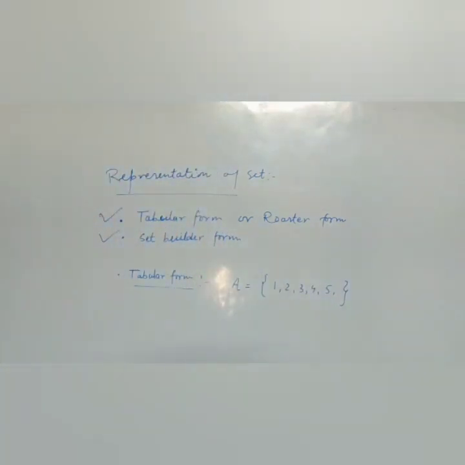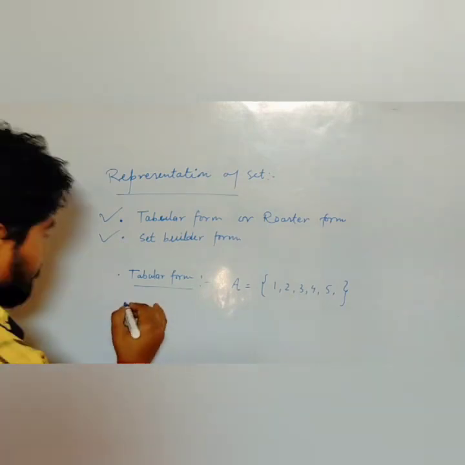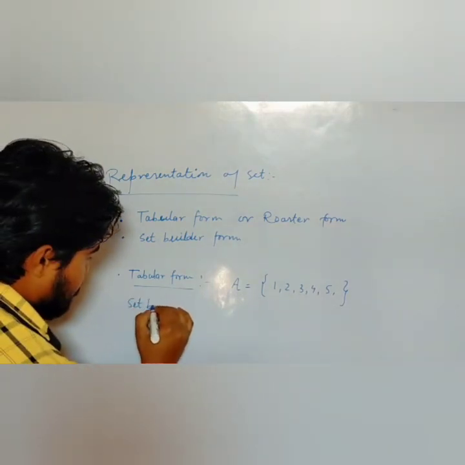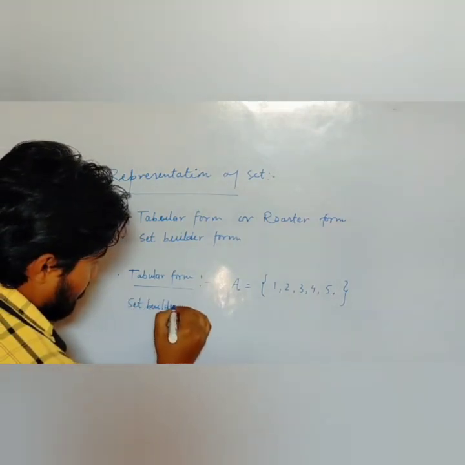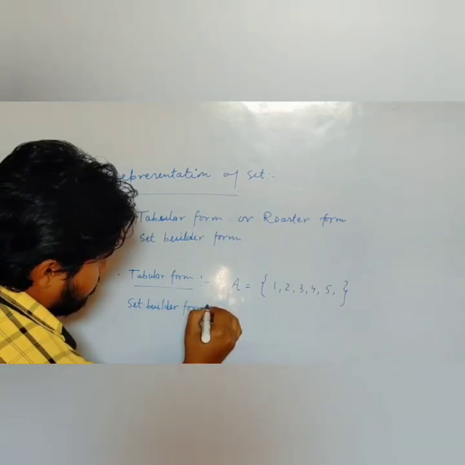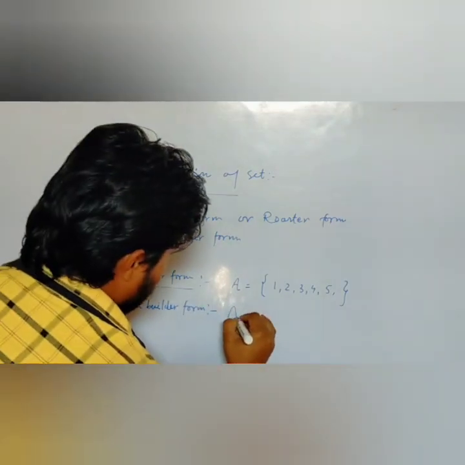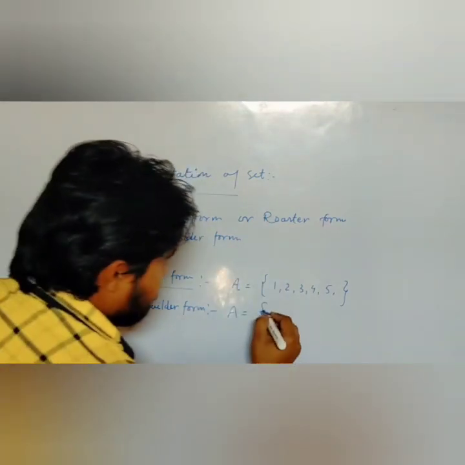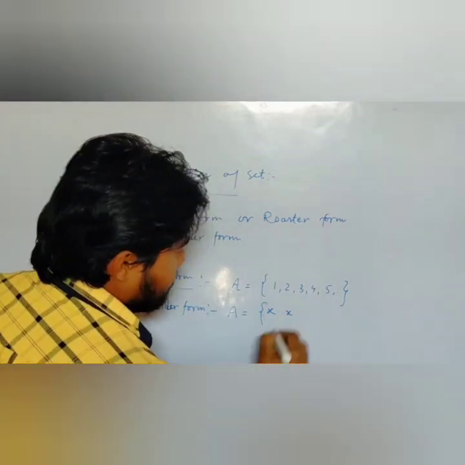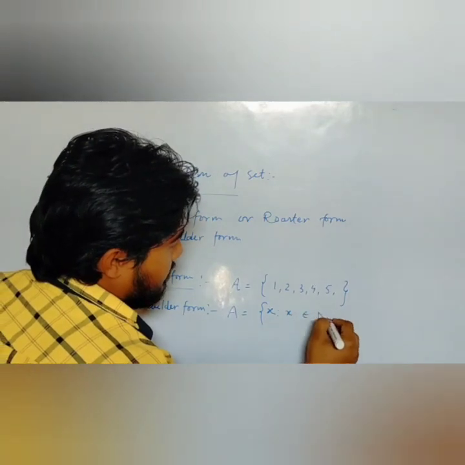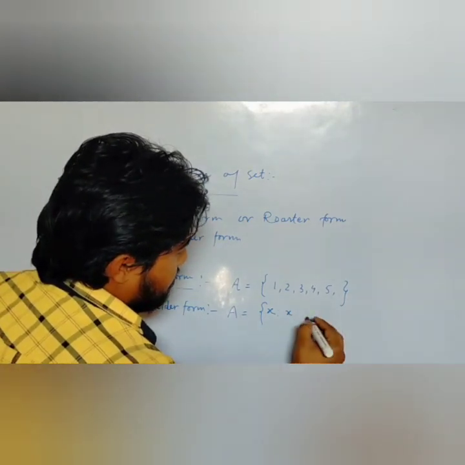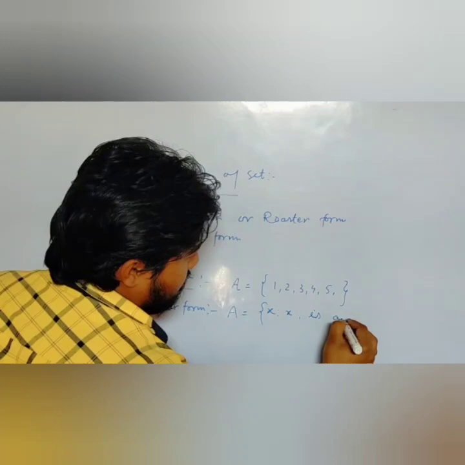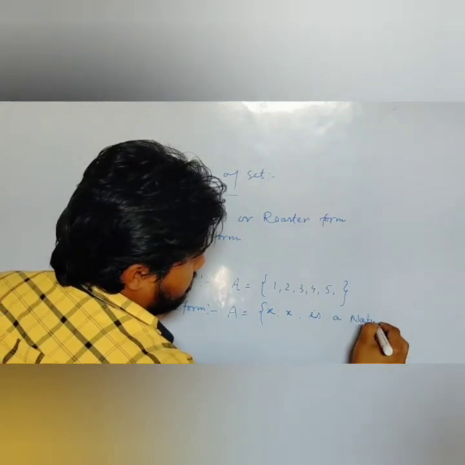Now the set builder form means providing a language: x such that x belongs to the natural numbers, meaning x is a natural number.